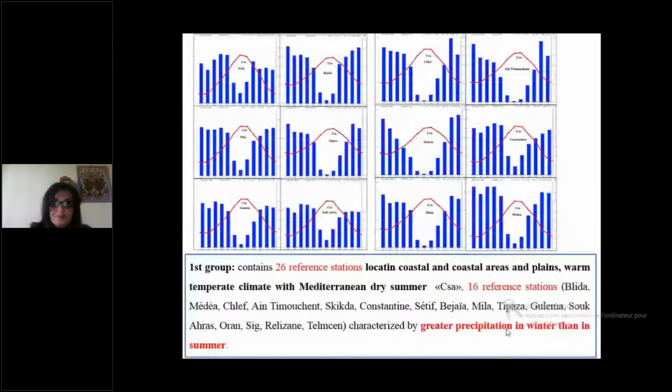The first group contains 25 reference stations, located in coastal areas and plains, with a warm temperate climate with Mediterranean dry summer. 16 reference stations are characterized by greater precipitation in winter than in summer.